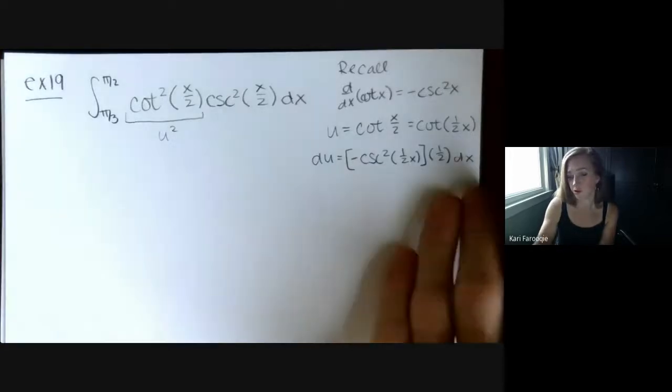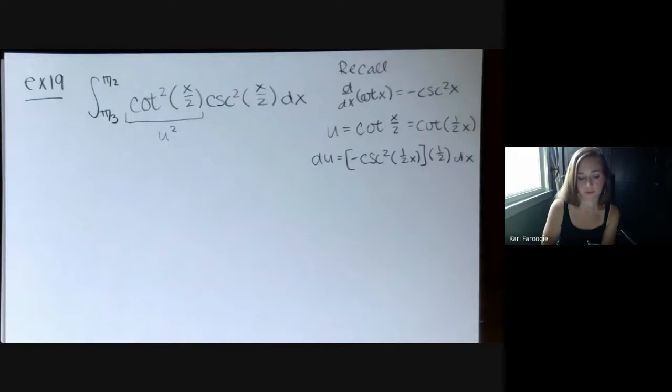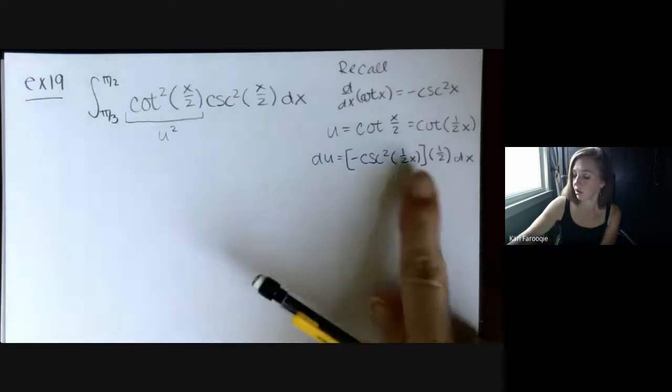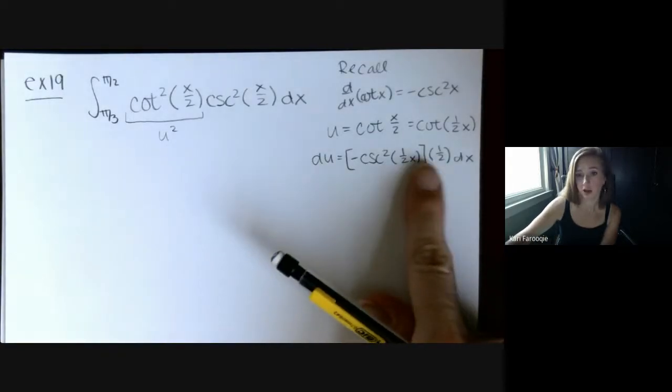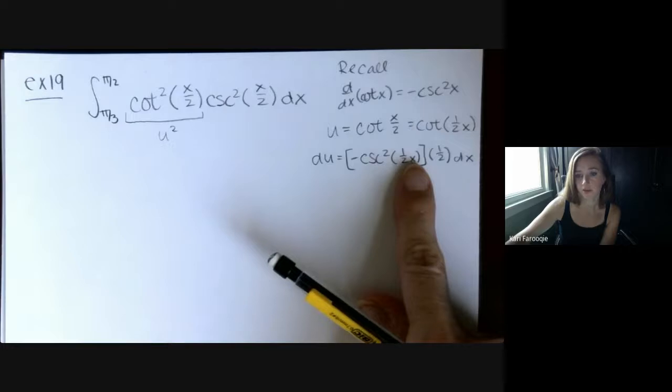So if you don't know your derivatives, you're not going to be able to integrate. Also, friendly reminder that you cannot multiply the 1/2 x and the 1/2 together. It does not work that way.